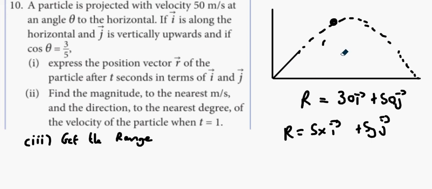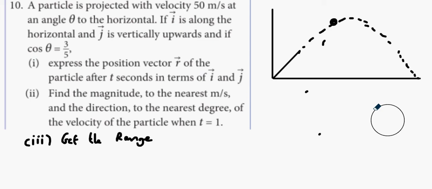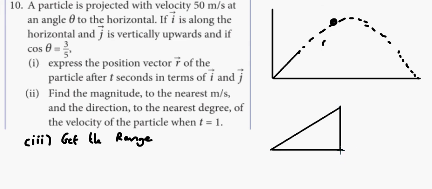Now, next thing after that is we have to break up that angle. So you throw it up at 50, and it's an angle of theta, okay? So we have 50 here, and there's theta here. Now we know the values of theta though. We know that it's a 3, 4, 5 triangle.